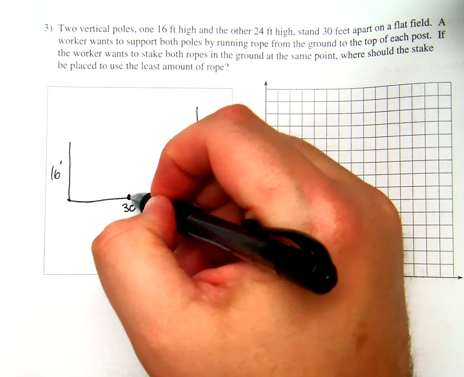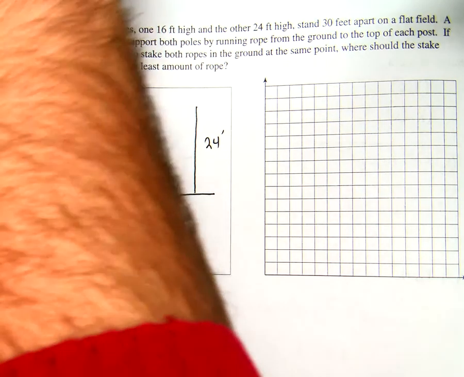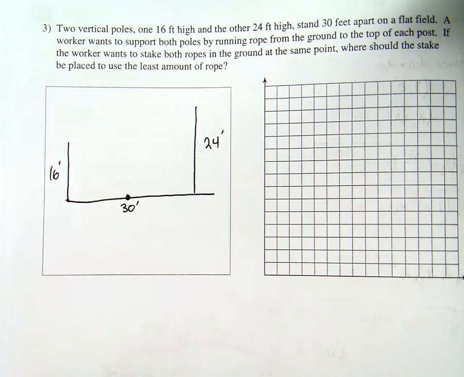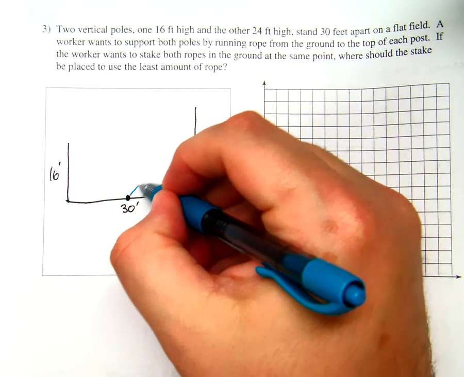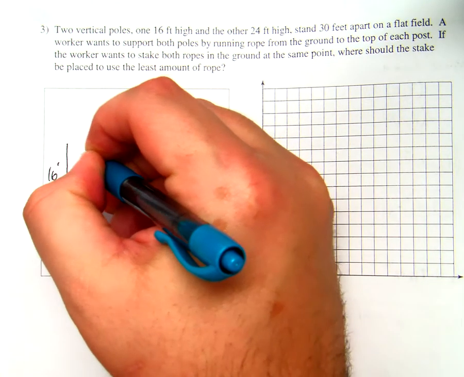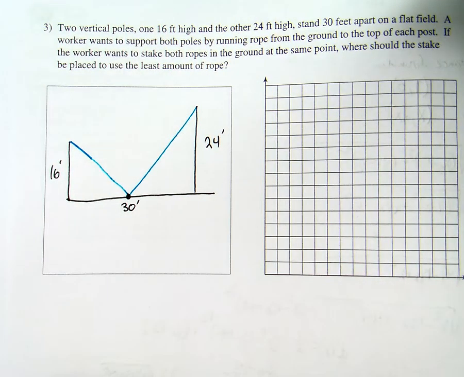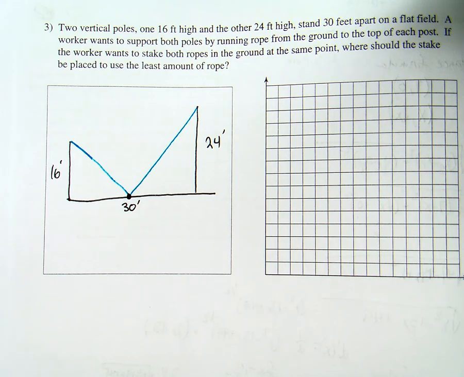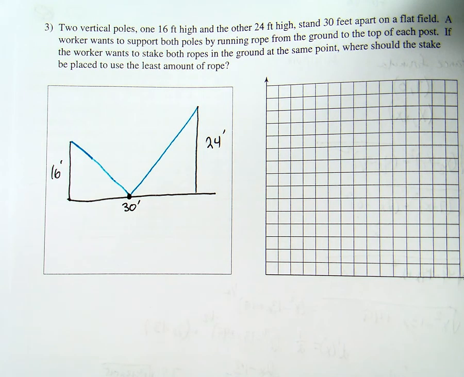So, this is the situation. We want a rope to support. It's just like when you take a look at power and telephone poles and all that stuff.